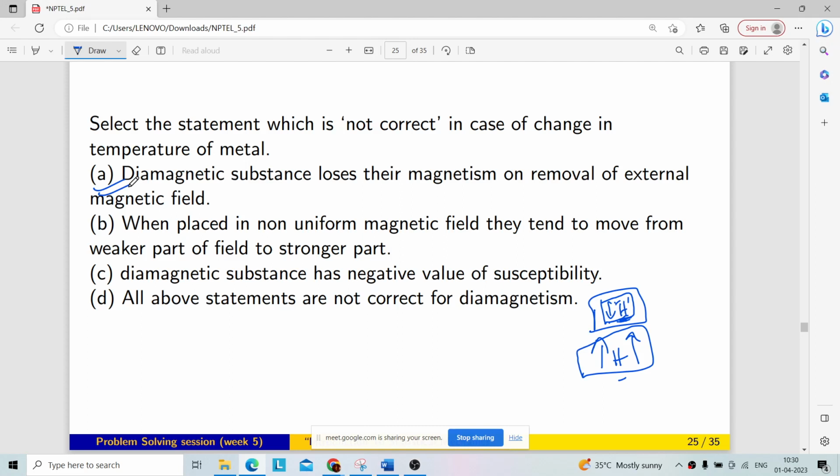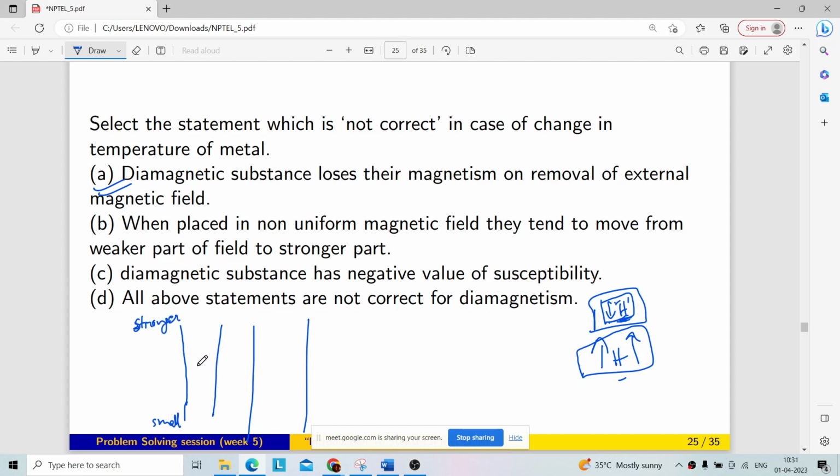Then the next one is when placed in a uniform magnetic field, they tend to move from weaker part of the field to stronger part of the field. So let's draw this as a uniform magnetic field, and it's smaller here, and it gets stronger on this side, right?